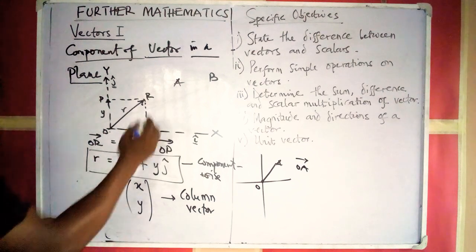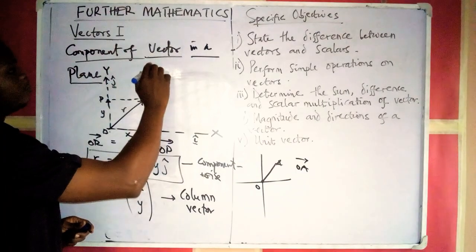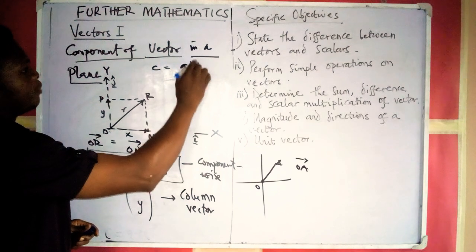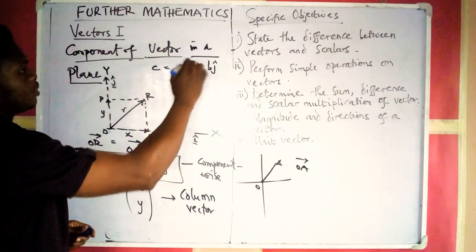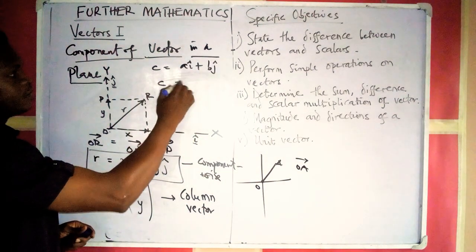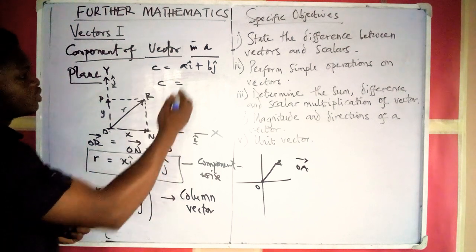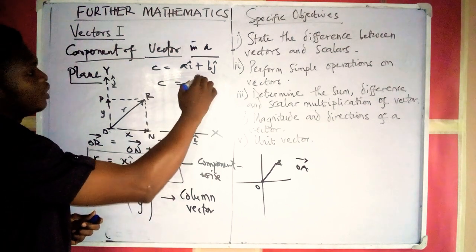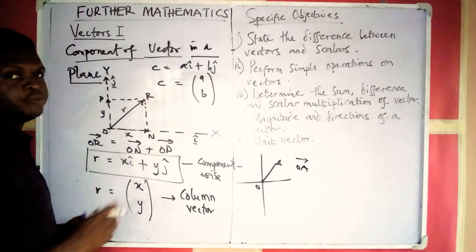So assuming we have a vector, let's say C equal to ai plus bj, it simply means that to write it as a column vector, C is equal to a upon b.